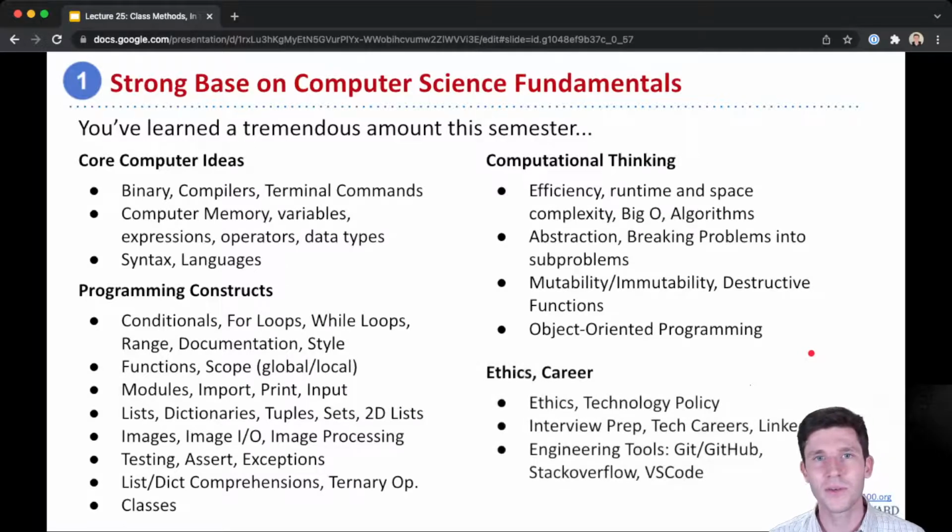And finally, we found time in this class to discuss something that's often not touched on but is super important: the responsibility that comes with the power that you have to build things. We talked about ethics and technology policy. We also talked about how to build your career, how to prepare for interviews, what paths there are in tech, how to use LinkedIn, and how to use the different engineering tools that you'll see day to day.